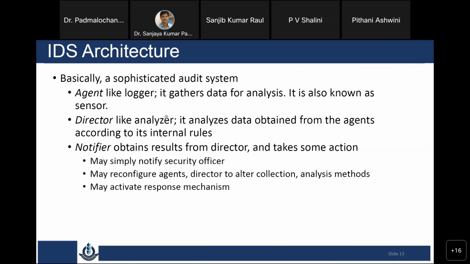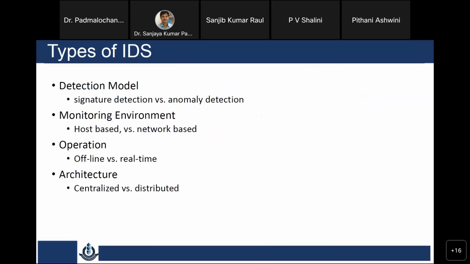These are analyzed for a period of time to identify intrusions, and the notifier, this is the third entity, which basically raises the alarm. So the agent gathers the data, then the director or analyzer analyzes the data and identifies the intrusion, and the notifier reports the intrusion. Okay, so it's basically a three entity software system. This is IDS architecture in general.